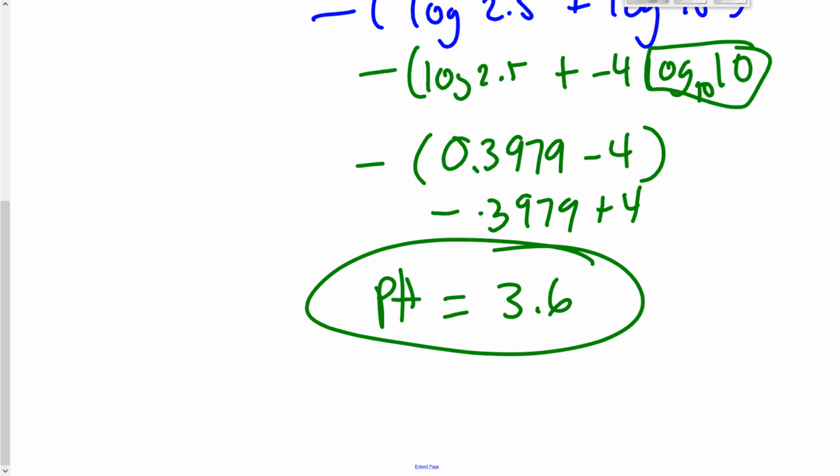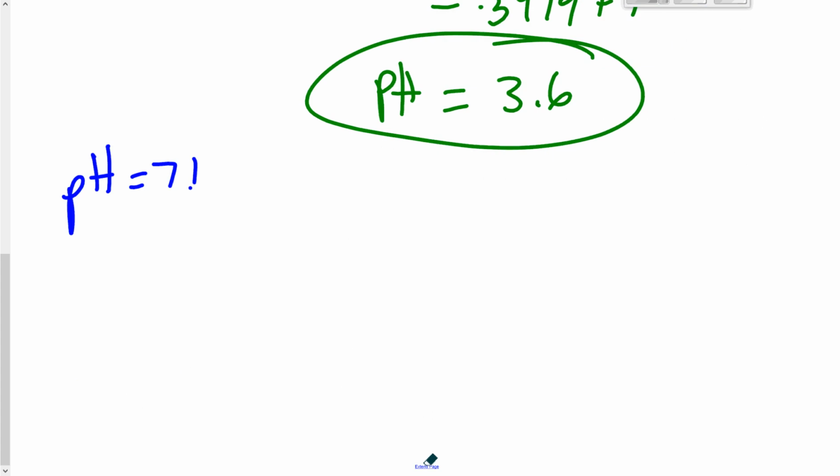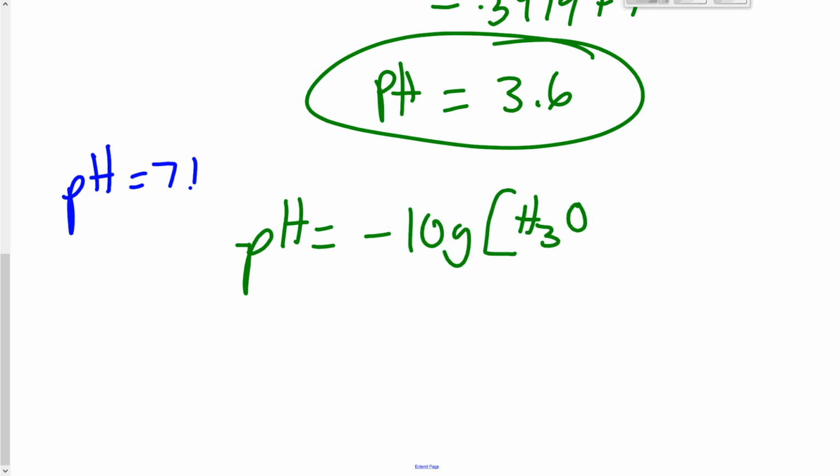Now, what if we want to find the hydronium ion concentration if we have a pH level of 7.1? Here we know our pH is 7.1, and we're trying to find the hydronium ion concentration, how much of that we have in our solution.